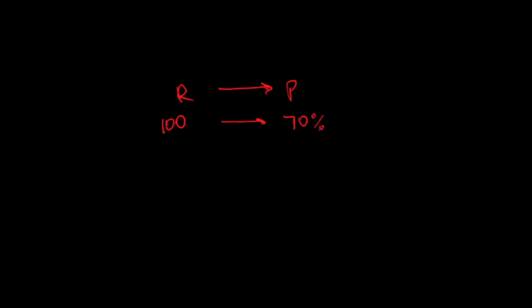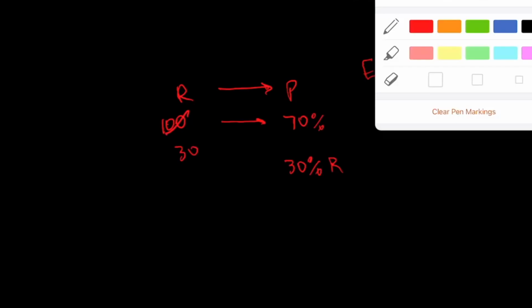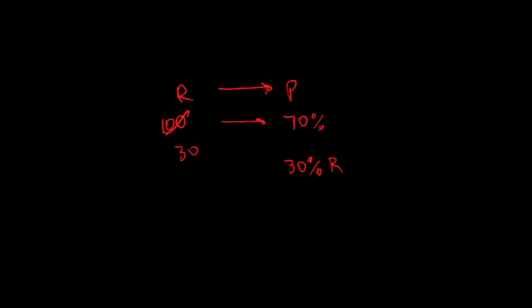So this will be 30 if only 70% is converting. So we have an efficiency there of 70%. And we're going to have something called an equilibrium constant, K equilibrium, that tells you this is only 70% efficient. K equilibrium is a constant. It's an indicator of how efficient that reaction is.